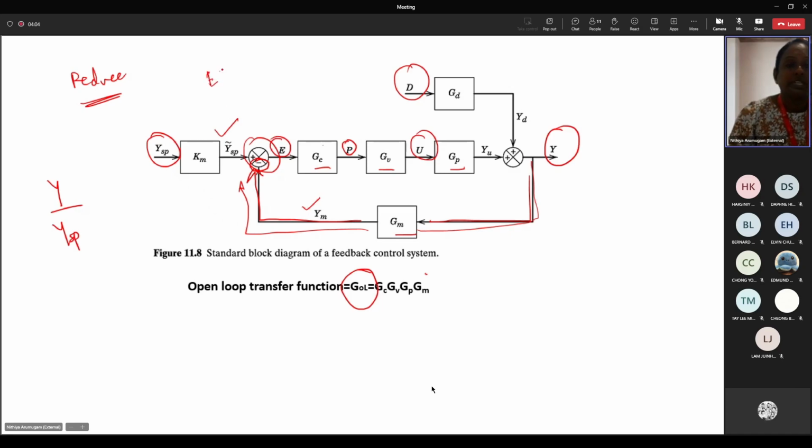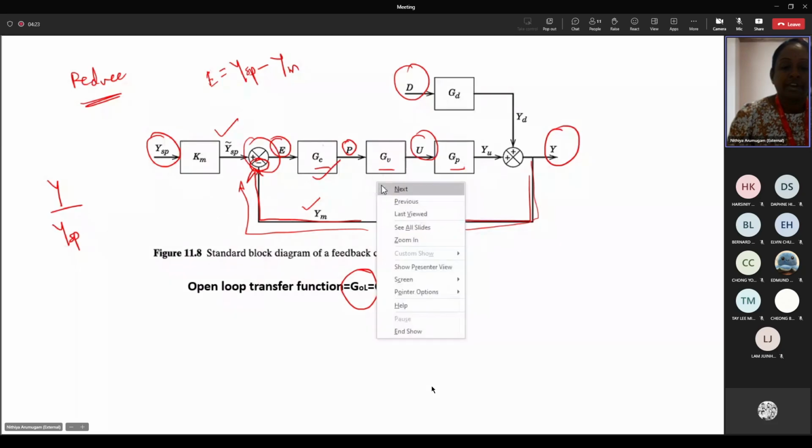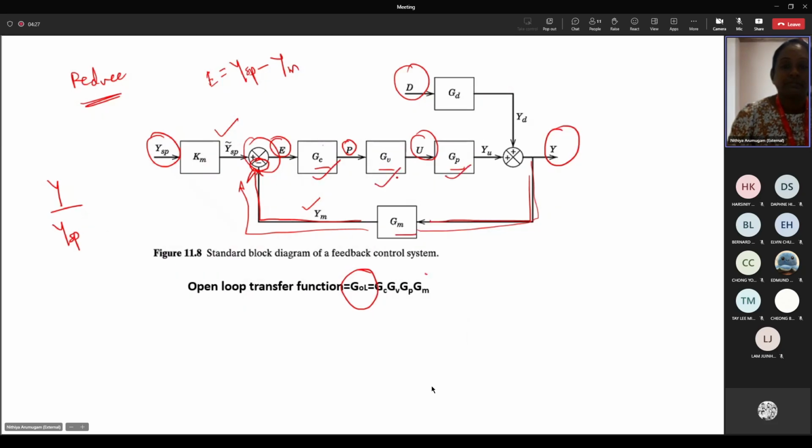So error basically can be calculated by finding the difference between the set point and the transmitter signal. Everything else is very common, that we have gone through in previous lectures. This is the controller transfer function. This is for the final valve transfer function, process transfer function, and transmitter transfer function. And this is the disturbance transfer function.